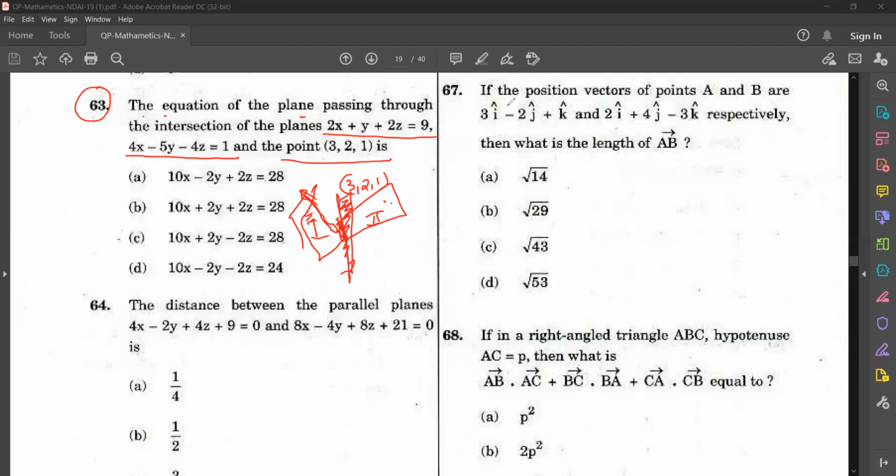Direct question. If you have just prepared 3D, you can solve this. Just try and comment your answers.